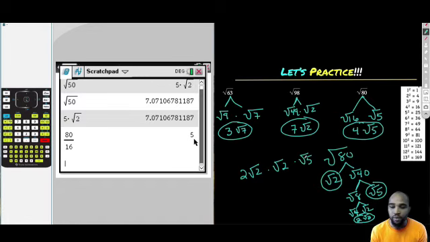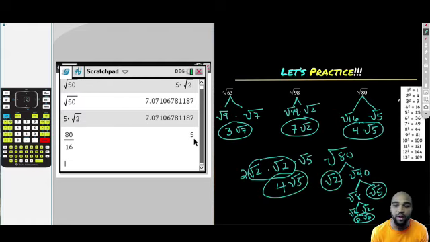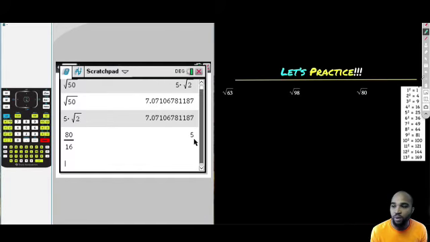If I were to simplify that, what would I get? Well, square root of 2 times square root of 2 is actually 2. So this becomes 2 times 2, which is just 4. So now I'm left with, again, 4 times square root of 5. So it doesn't matter. You'll work your way there.